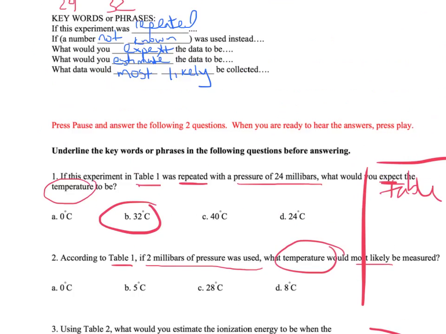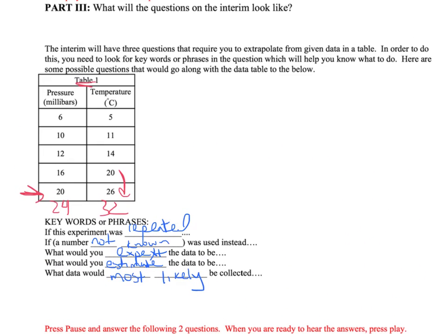Okay, let's go back up to table number 2. I am not given 2 millibars of pressure. My lowest number is 6. So I know if I want to be thinking about 2, I need to be thinking lower than the data that I'm given. Okay, same with my temperature. So I see with my temperature it's decreasing here by about 5 to 6 each time.